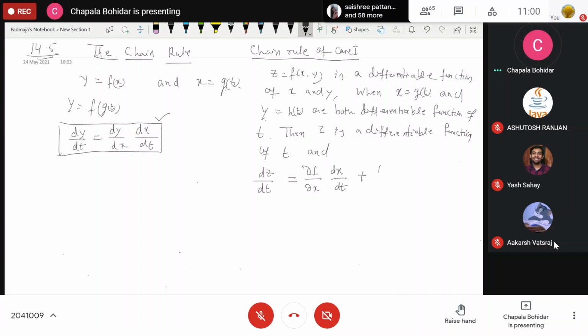Plus, again, del f by del y, then dy by dt. So it is the chain rule of case one.